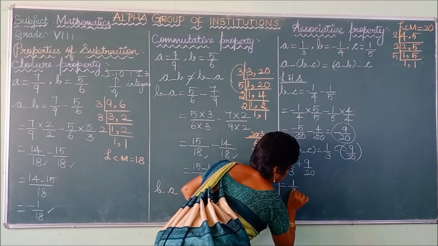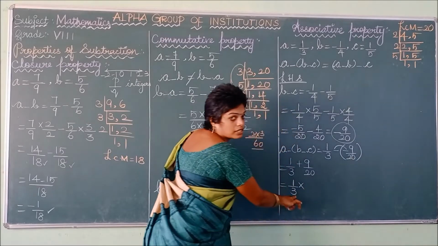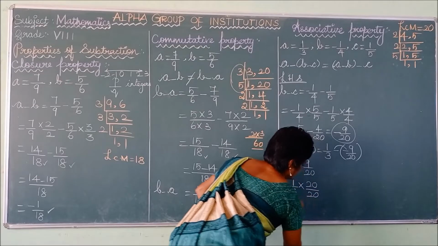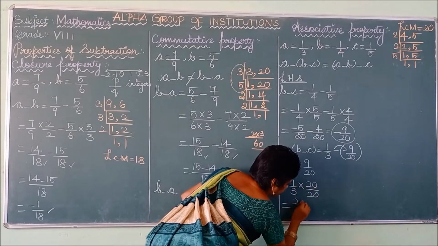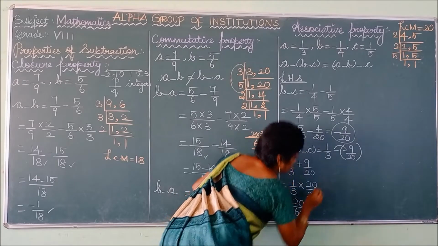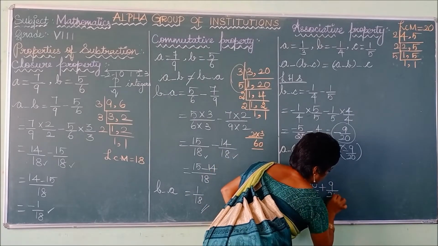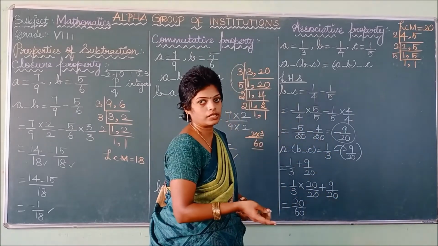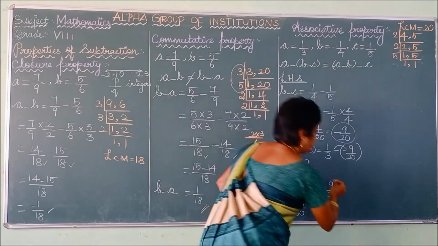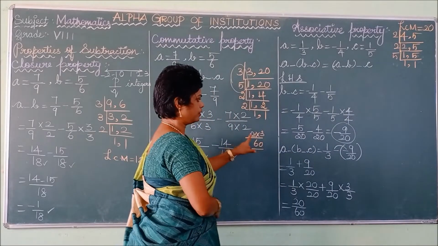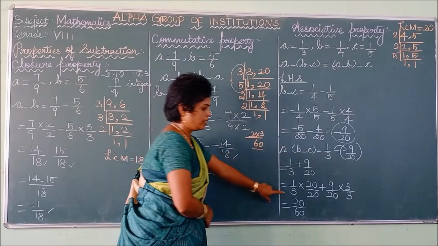So 1 by 3. When this changes into 60, if you multiply it with 20 only, it changes into 60. So 20 divided by 60. Then plus 9 by 20. When this 20 changes into 60, if you multiply it with 3 only, it changes. So 3 by 3. Look here, where you can find easily. 3 is here.